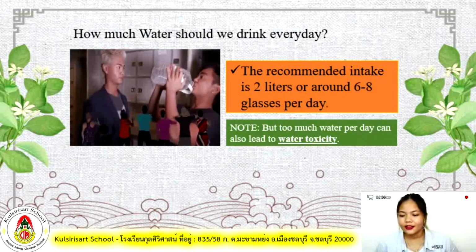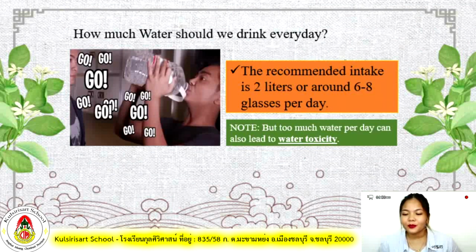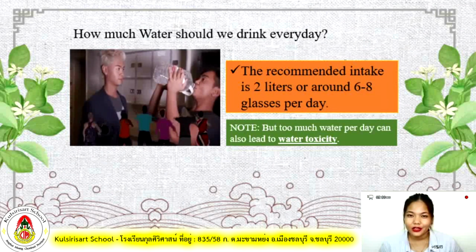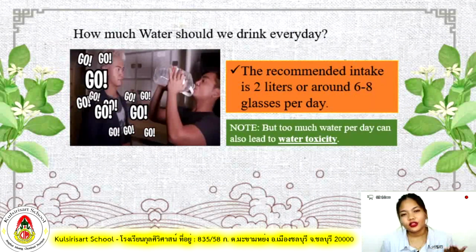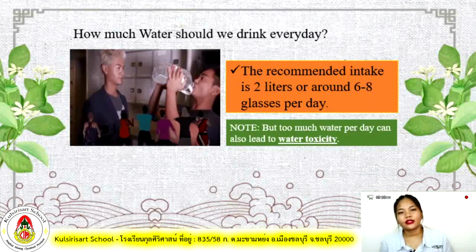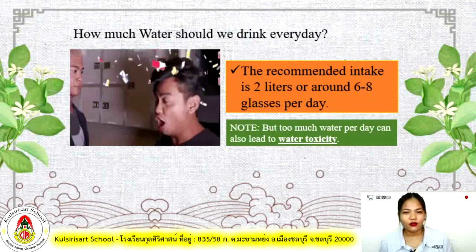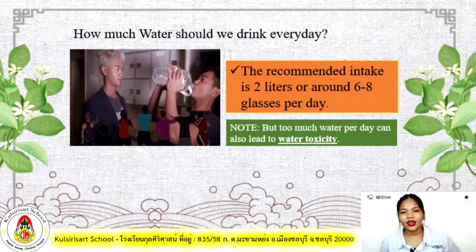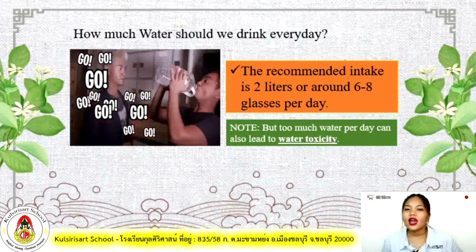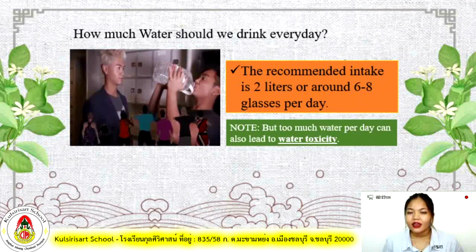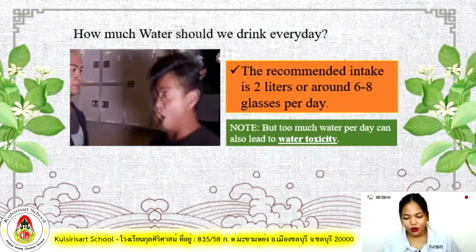But take note that too much water per day can also lead to water toxicity. For example, the recommended amount is only 2 liters, but you drink 6 liters in one day. That can also be dangerous. So just drink the right amount of water.